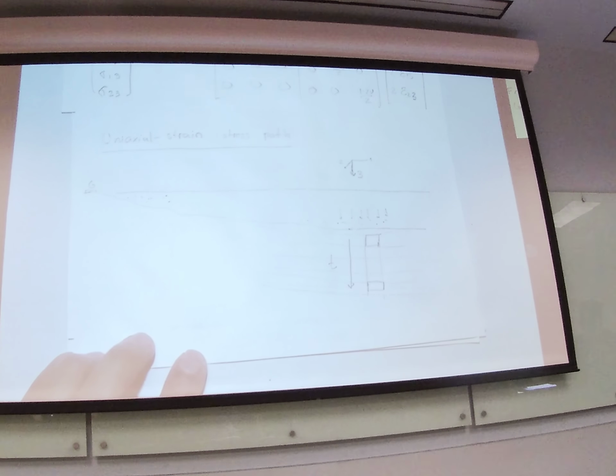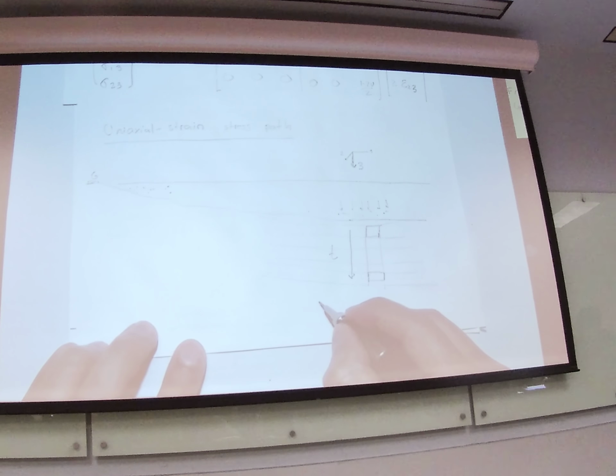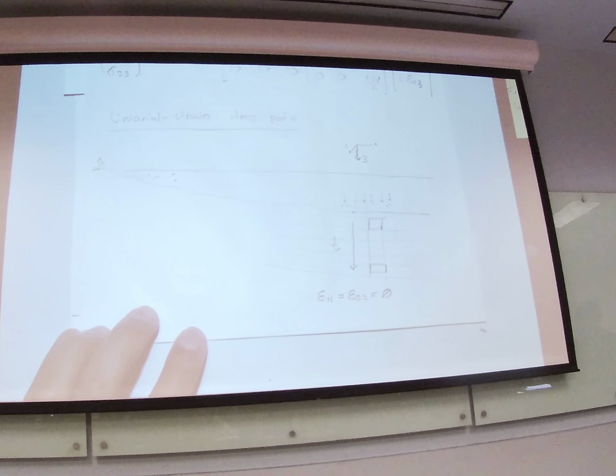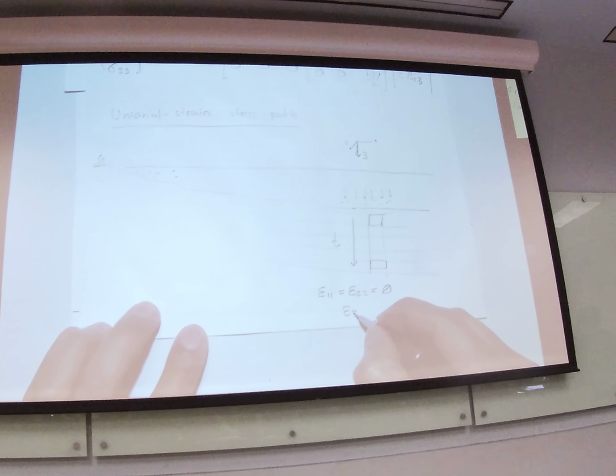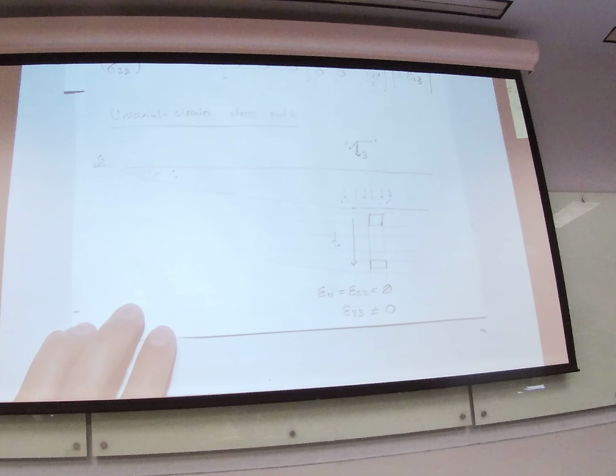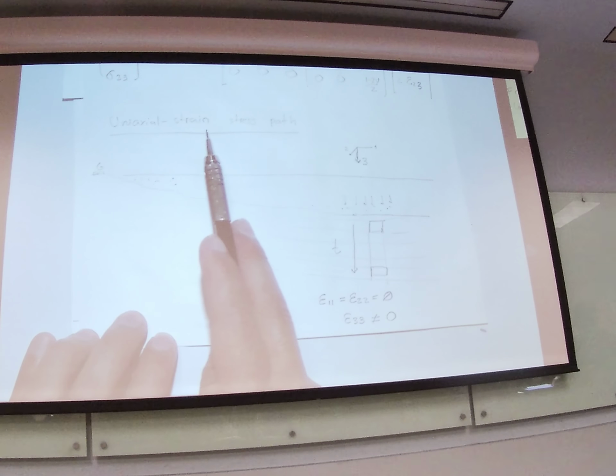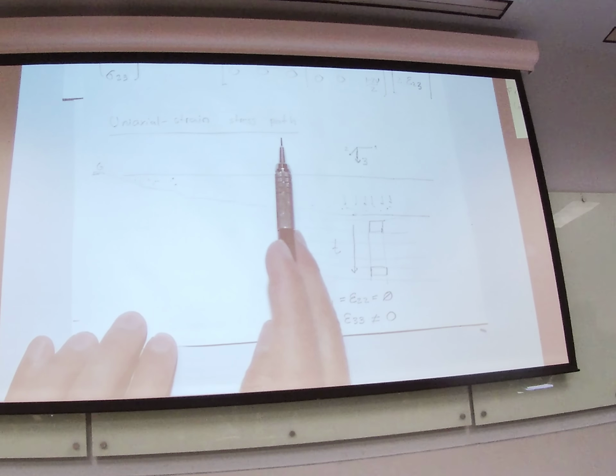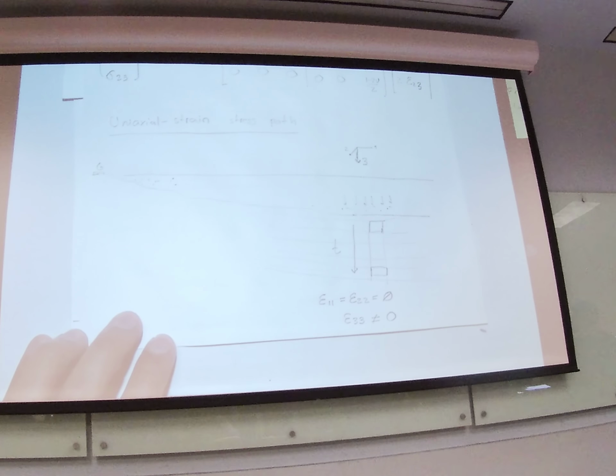So my assumption is that the strain in direction 1 is equal to the strain in direction 2, and those are equal to 0. But the strain in direction 3 is not equal to 0. That's what happens in these cases. That's called the uniaxial-strain stress path, because there is just change of strain in one direction.